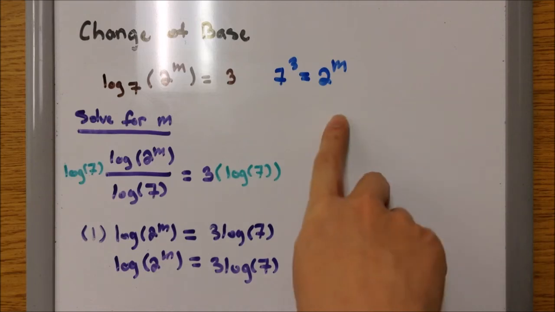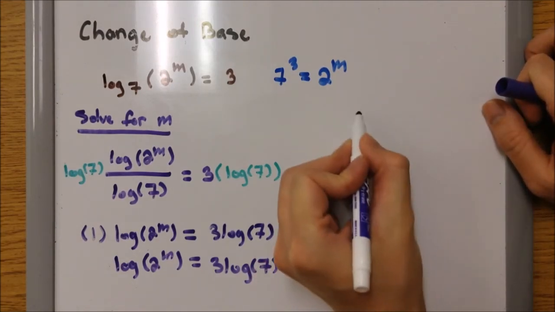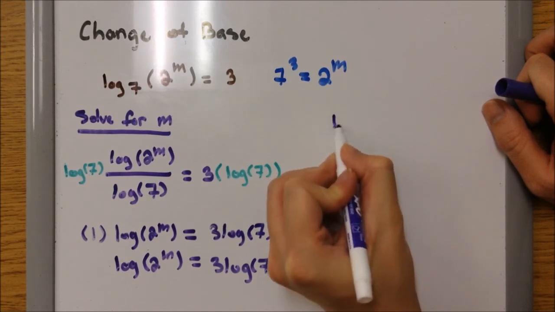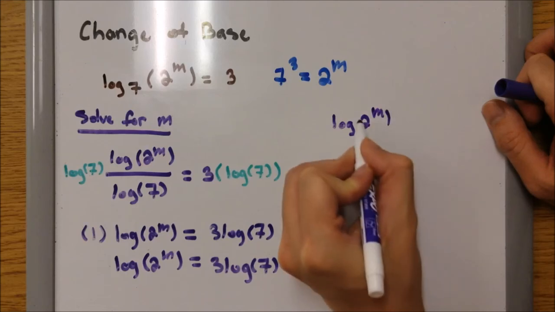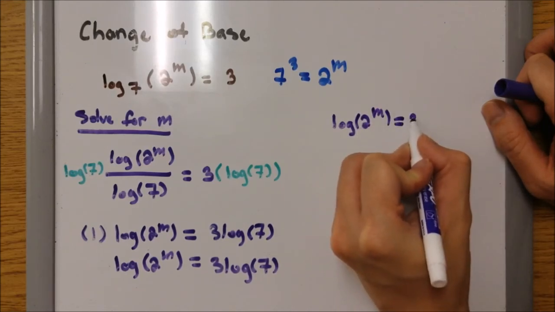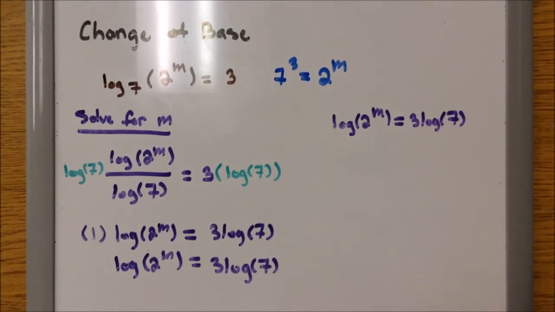So I'm going to bring it up here, since we're running out of space. Log of 2 to the power of m equals 3 log of 7. Now, I can't use the product property nor the quotient.